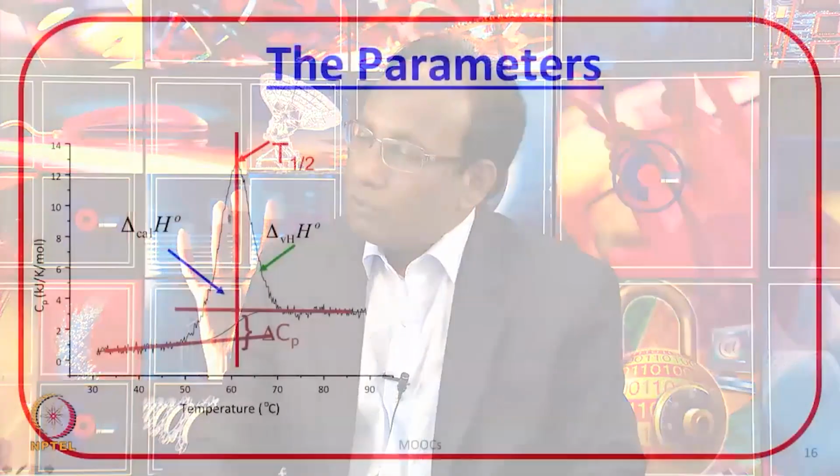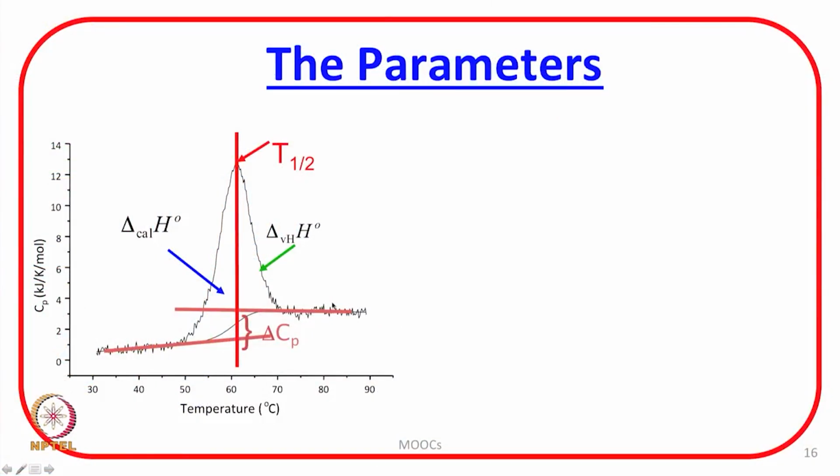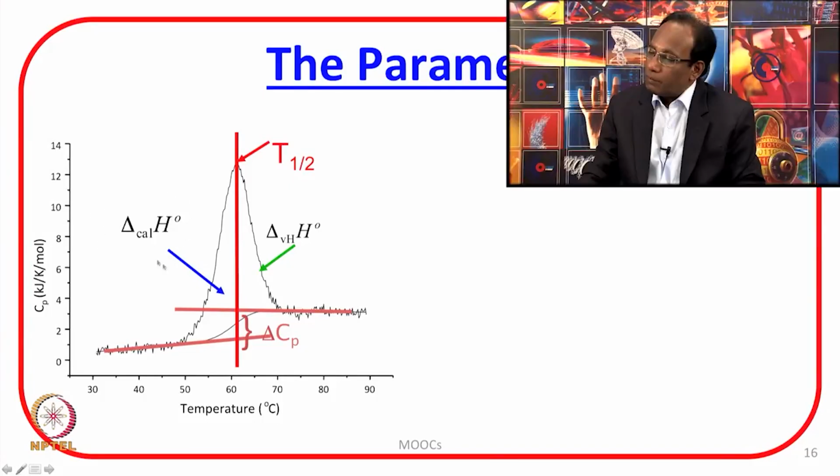This is the output, Cp versus T, and I just discussed with you how we get the calorimetric enthalpy. This is the area under the curve, and if the transition is symmetric, then the midpoint is either called Tm or it is called T half.